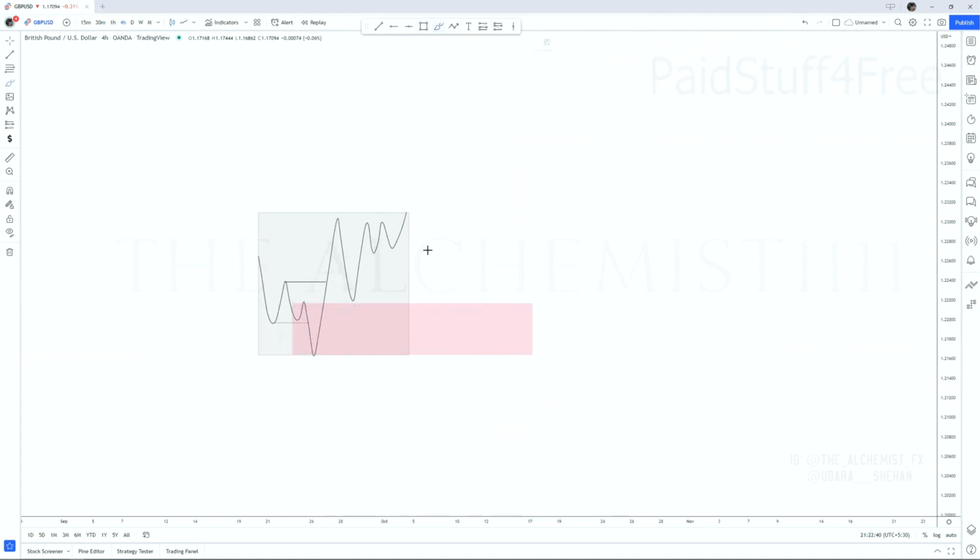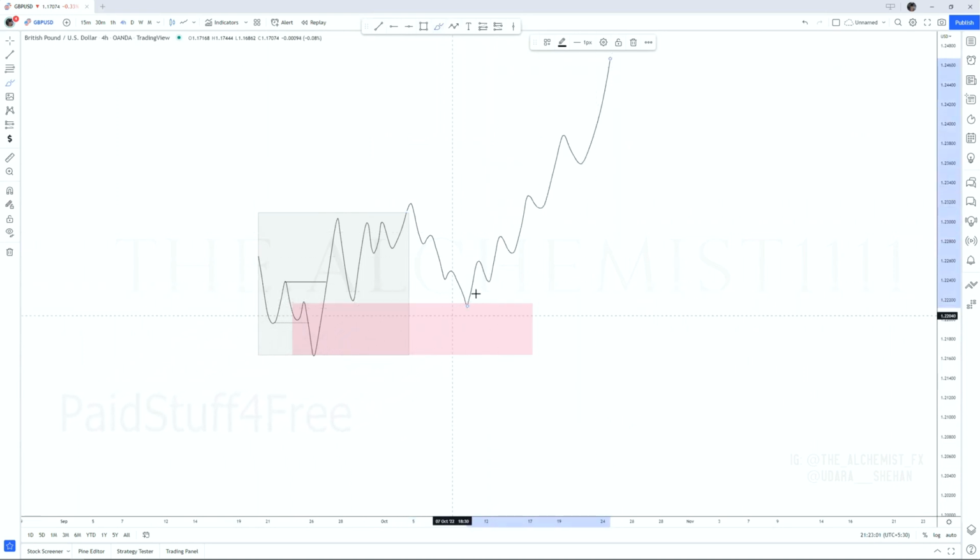So we're not expecting London to sweep the Asian low. Instead of a sweep, we're expecting a retracement, a mitigation into the 4-hour point of interest during London open or the London kill zone, and then a continuation. This is what happens when Asia is a strong low.